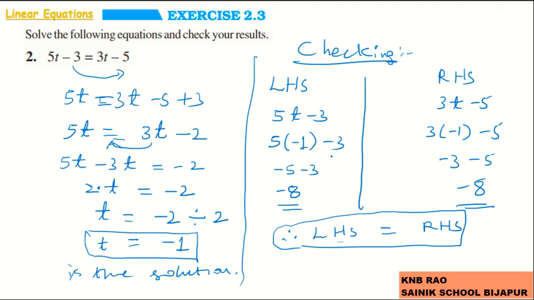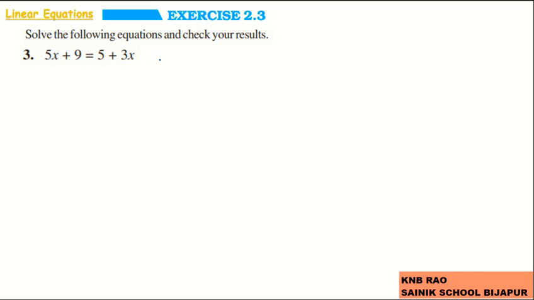Okay. Now, we shall take one more example. Here in question number 3 of exercise 2.3, 5x plus 9 equals 5 plus 3x. First, I am transposing 9 from the left hand side to the right hand side, where the addend becomes a subtrahend. Now, here the like terms 5 and minus 9 we will simplify.